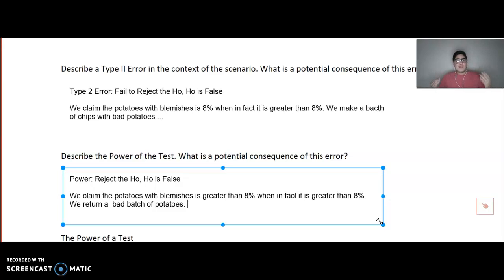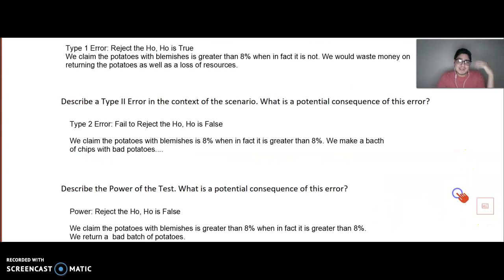Type 1, we claim, and y'all, I've been doing this for a few years and I still have to look back and see what I wrote, because if I just try and talk out of it, whoopsies. Here, we claim the proportion of potatoes with blemishes is greater than 8% when it's not, so we actually waste money on a return. Type 2, we fail to reject, but it's actually false, so we claim that it's 8%, so we're good to go, and we make a bad batch.